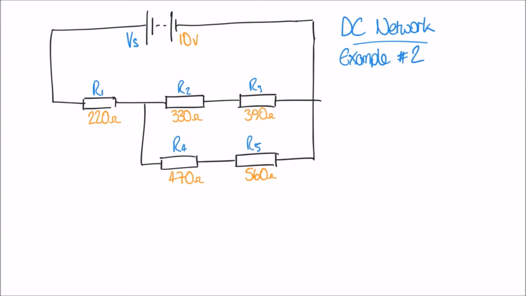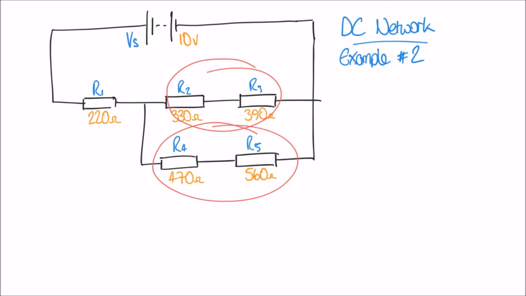First of all, I want to have a look at the series elements in this circuit, because we can see here that R2 and R3 are both in series. And likewise, we can see that R4 and R5 are in series. So the first thing I want to do is simplify this circuit by adding those two series elements together to get total resistors.